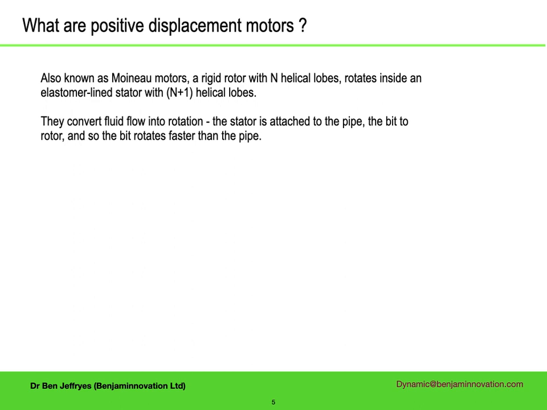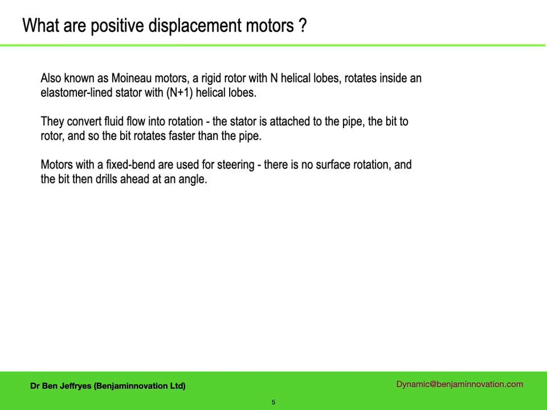In drilling applications, the stator is attached to the drill string, the rotor is attached to the bit, so the drill bit rotates at the sum of the motor rotation speed and the drill string rotation speed. Before the advent of rotary steerable systems, nearly 30 years ago, they were the only way of reliably steering a well.